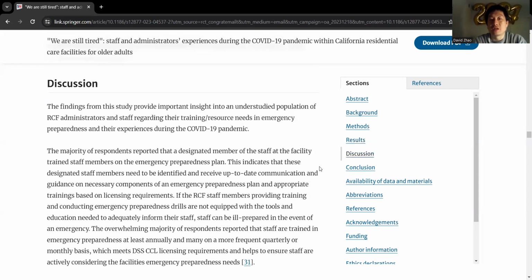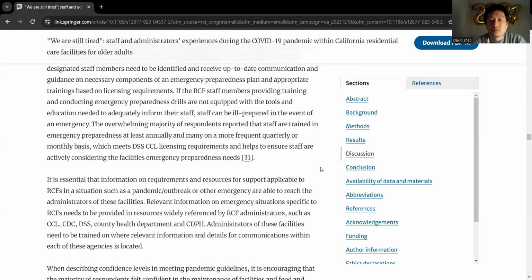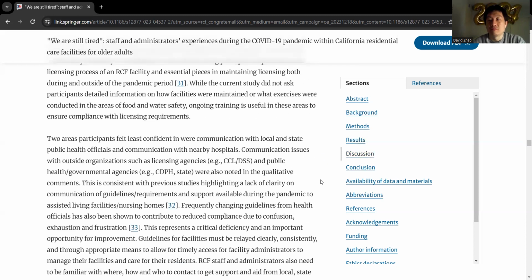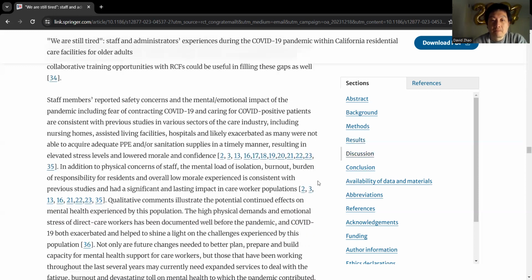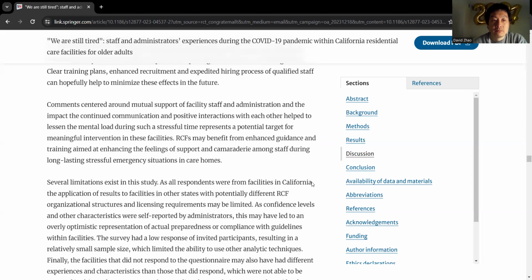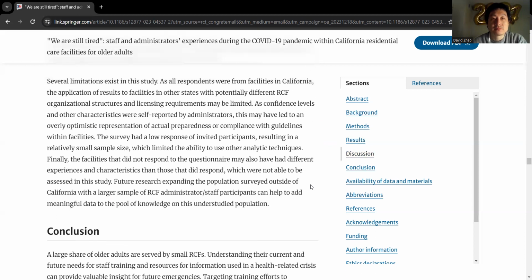Finally, there's a discussion section. In this section, usually we talk about areas that have potential for improvement and the shortcomings or various other topics, etc. Or so-called limitations here.